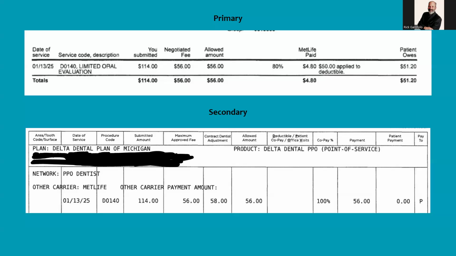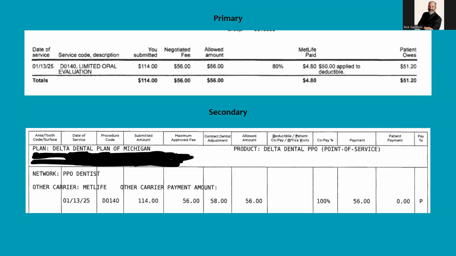So now let's go and look at some actual examples here. In this example, you see this primary, which is MetLife. The patient had a limited oral exam. The office is in network, and we see that with the negotiated fee of $56.